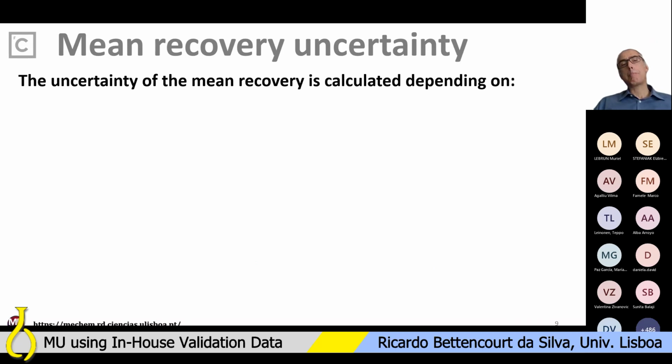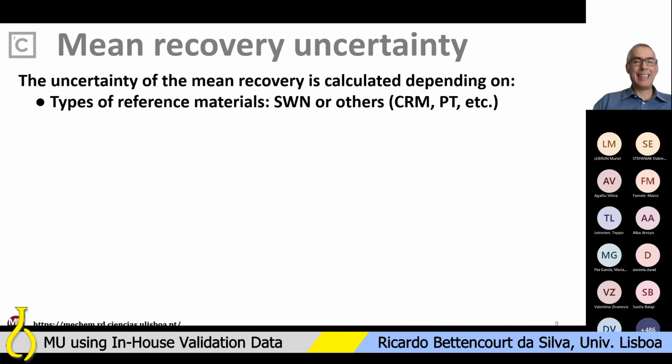And how can we calculate the mean recovery uncertainty? To calculate mean recovery uncertainty, we have to take into account that this depends on the type of reference materials used. Typically, you have two types of reference materials. You have spiked samples with native analyte, which is a rather different scenario.